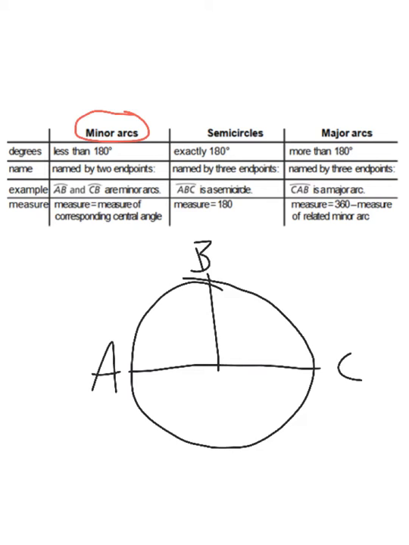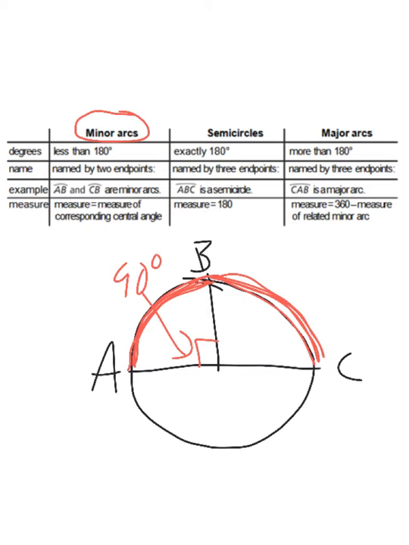So in our example here, I could say that AB is a minor arc because that is less than 180 degrees. Or I could say that BC is a minor arc. Now if this is a right angle here, I could say that the measure of AB is also 90 degrees, so it's going to match the inside angle there.